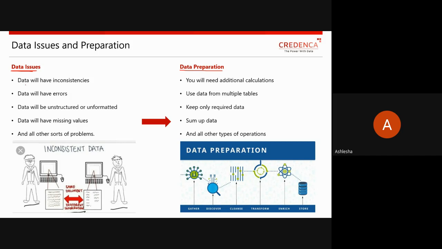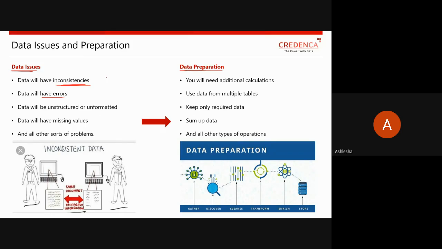Data will have inconsistency, like we have discussed, where data is not maintained in one format. Somewhere it has been maintained in the date and month format, somewhere in the date and year format, or the full date will be there. So this kind of inconsistency may be there. Some data has been wrongly entered.